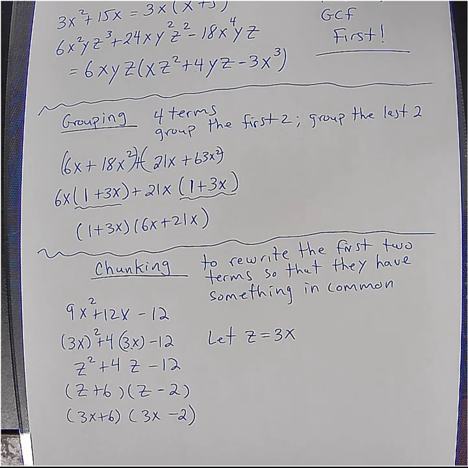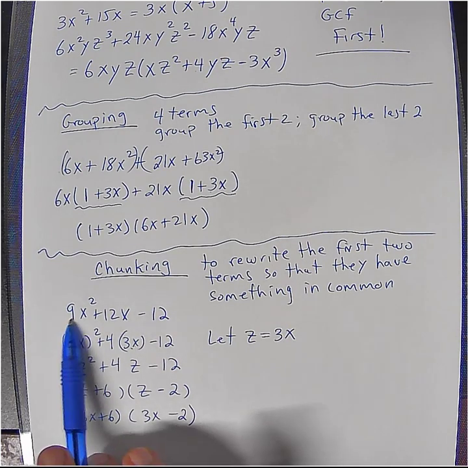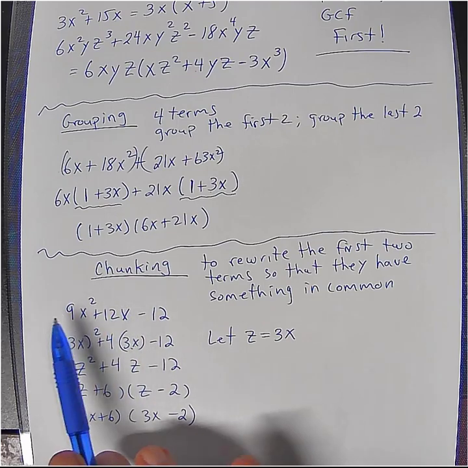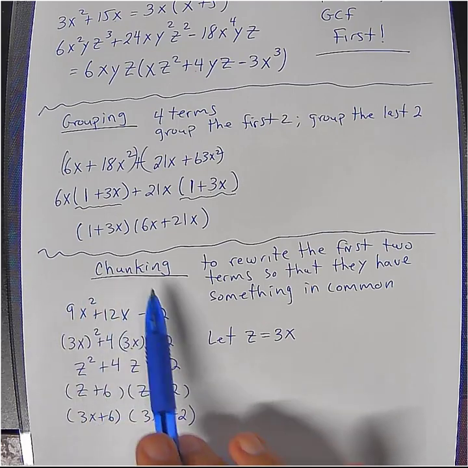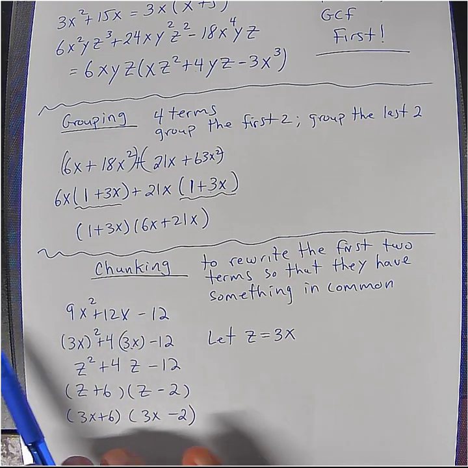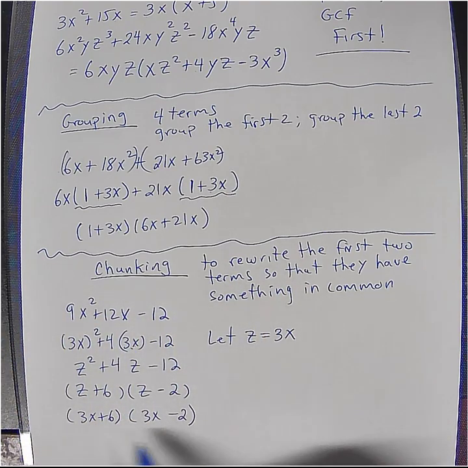So this is chunking. Don't get me wrong, I can take a look at this and say, oh, I could have done 9 times this negative 12, give me that negative 108, and then do it when a is 1. It's a different process, but at the end, I'll end up with this.